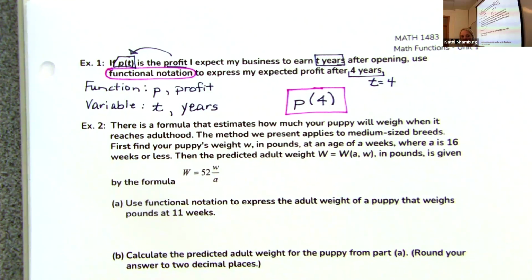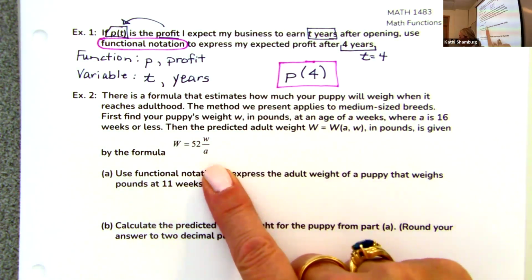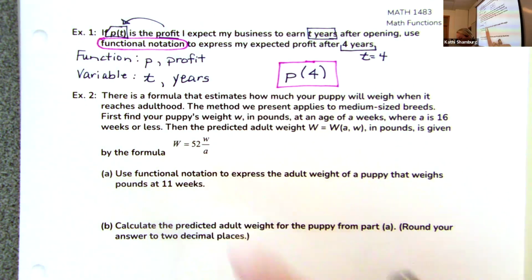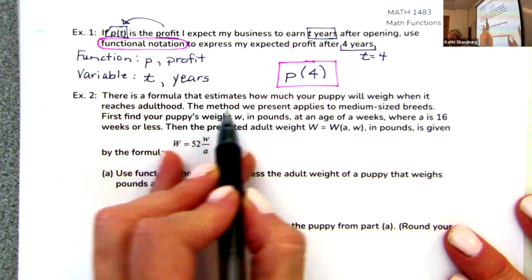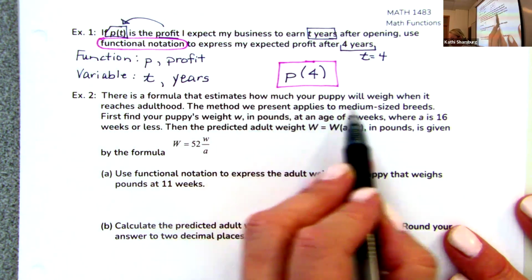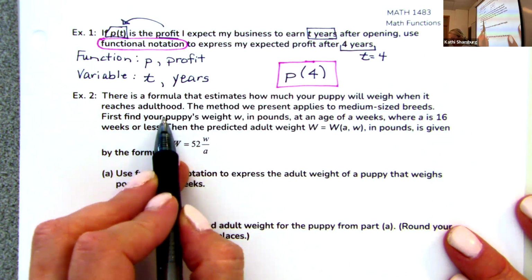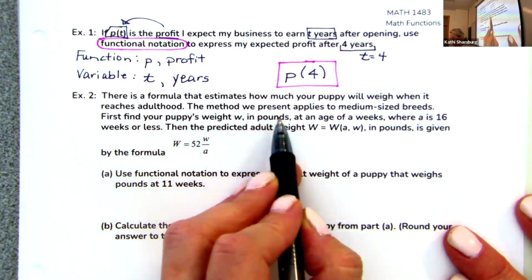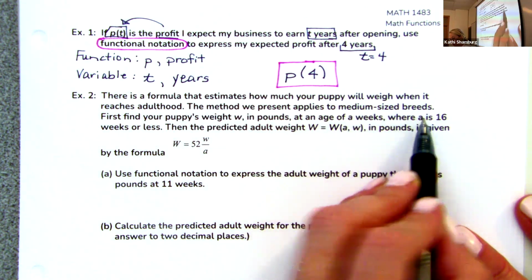Now, in the second example, they give me a formula right here. Okay, so let's read this information. There is a formula that estimates how much your puppy will weigh when it reaches adulthood. The method we present applies to medium-sized breeds.